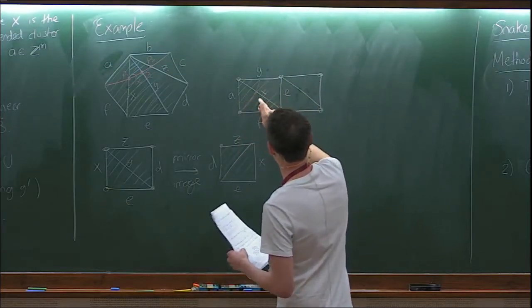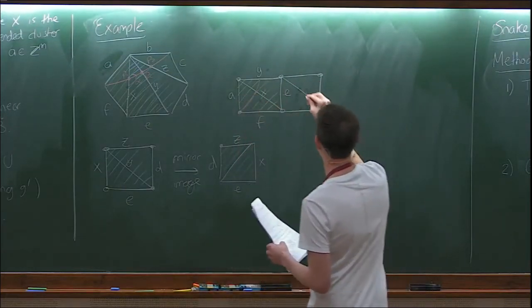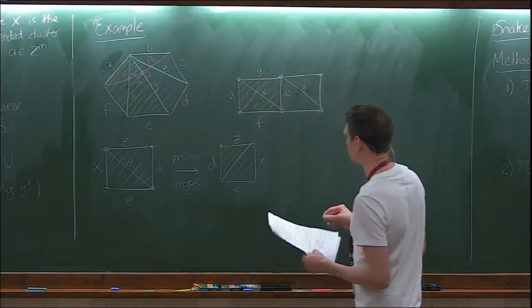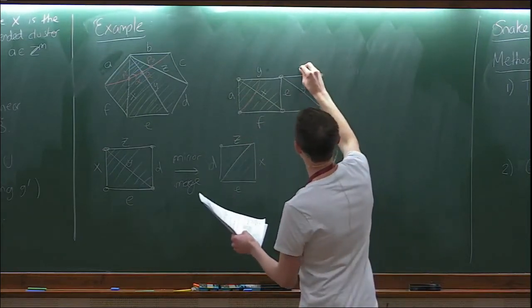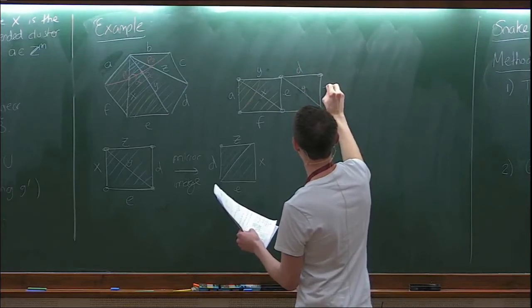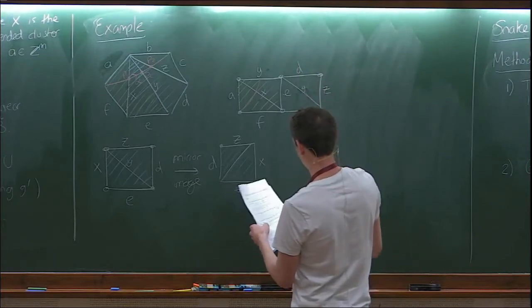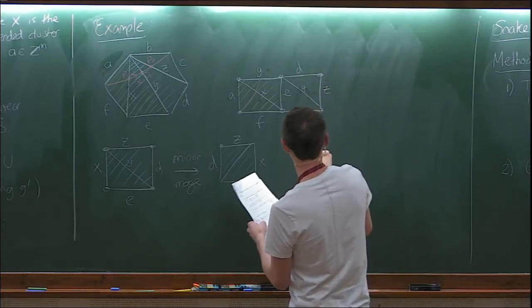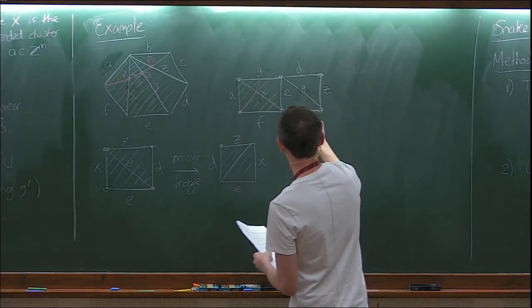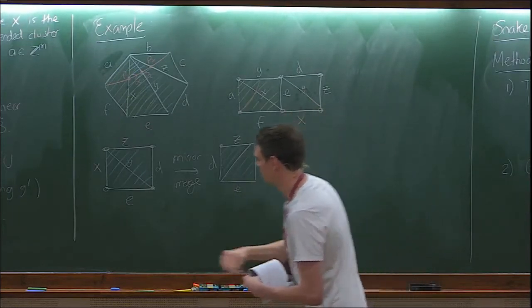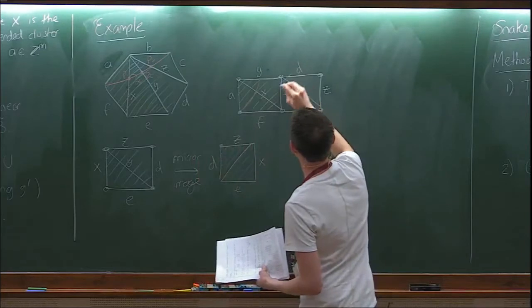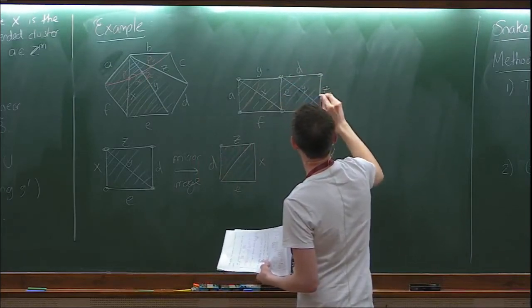So this interior diagonal is X, and this interior diagonal is Y. And so it's D, Z, and X. This was our blue tile.